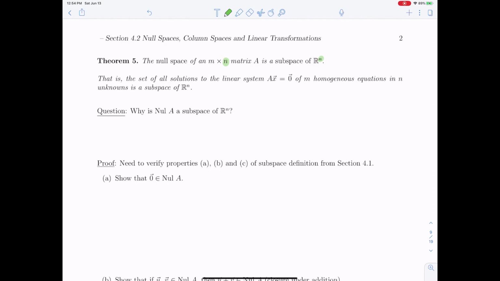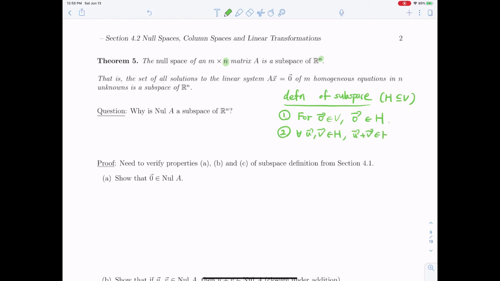Recall that the definition of a subspace is that H is a subspace of V if it satisfies the following three conditions. First, H should contain the zero vector of the vector space V. Second, H should be closed under addition, which means if you take two elements u and v from H, then u plus v is again an element of H. And lastly, H has to be closed under scalar multiplication.